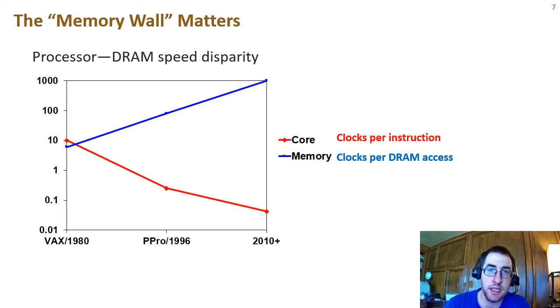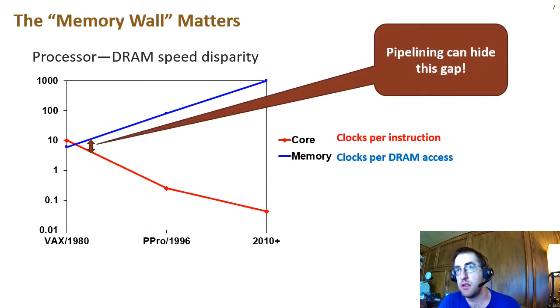And so we can see that the one-to-one point, when we could execute the same number of clocks per instruction as we could access DRAM, occurred sometime in the early 80s. After that point, the number of memory clock cycles exceeded the number of core cycles, which means that you could no longer access memory at the same speed that you were executing instructions.